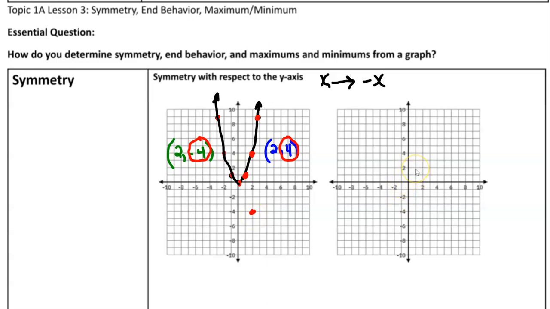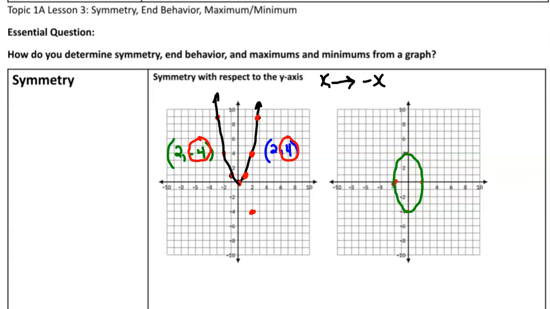If you, for example, did a circle, well, let's do an ellipse. An ellipse is kind of an egg-shaped looking graph. Okay, so let's pick a point on the graph.